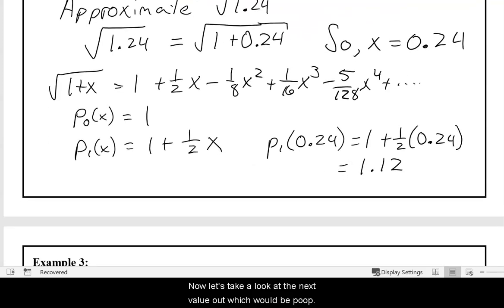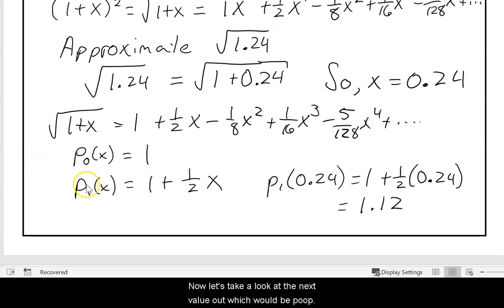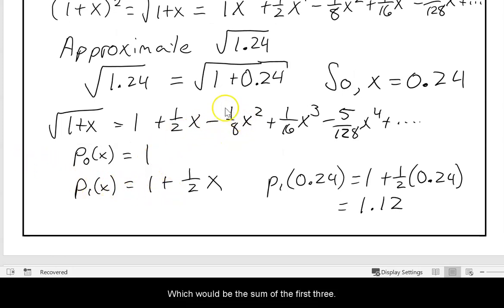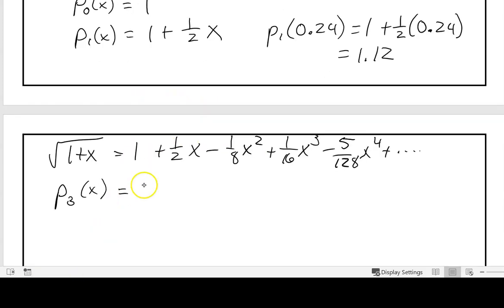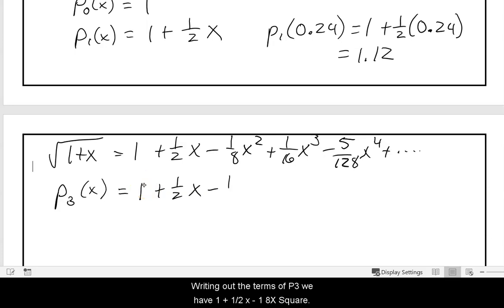Now let's take a look at the next value out, which would be P2, which would be the sum of the first 3. Writing out the terms of P3, we have 1 plus 1/2 x minus 1/8 x squared.